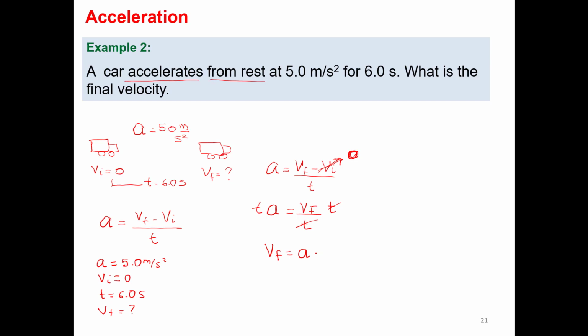Now we can calculate the final velocity. The acceleration is 5.0 meters per second squared, multiplied by the time, which is 6.0 seconds.